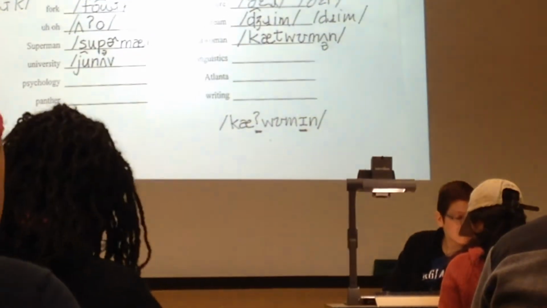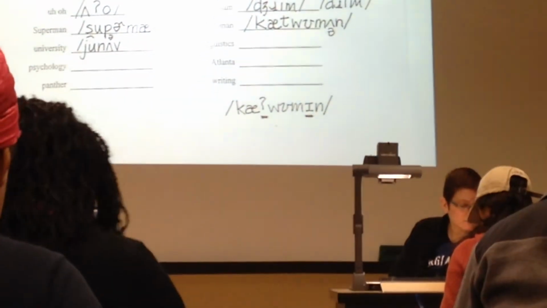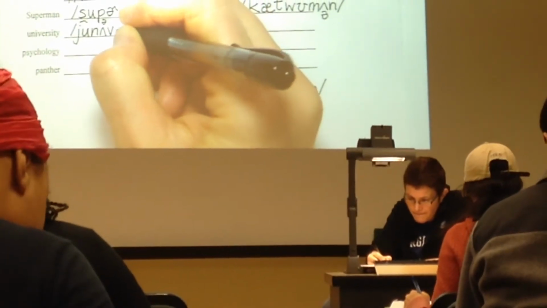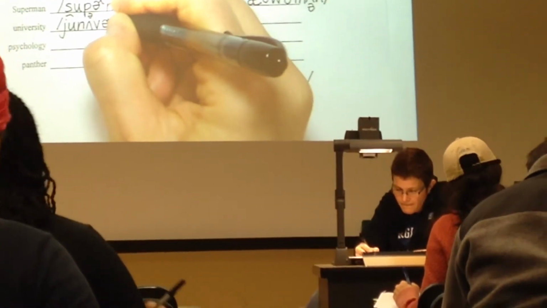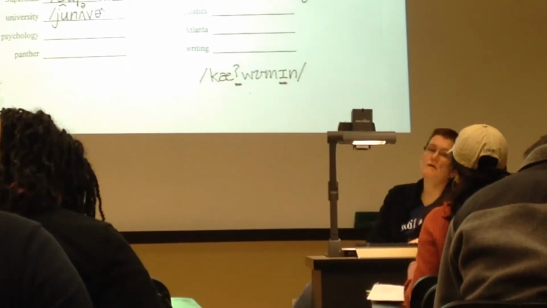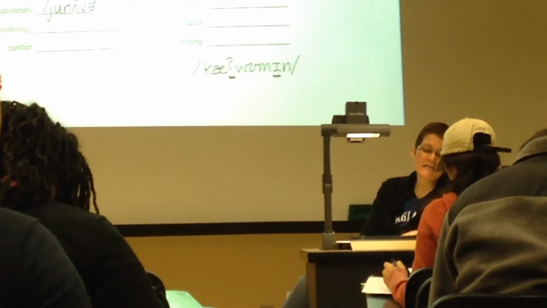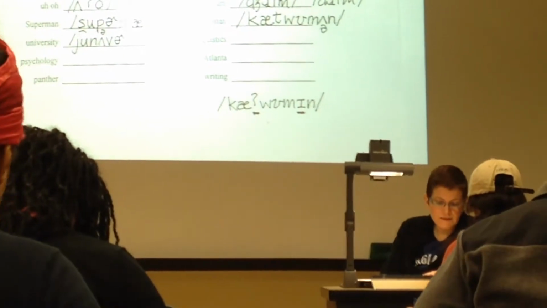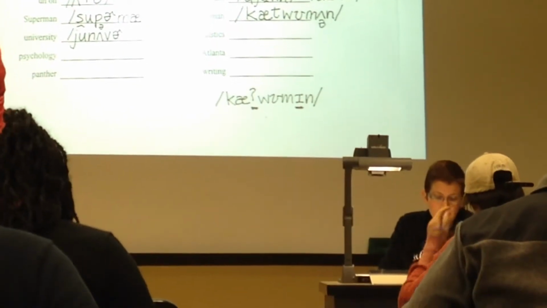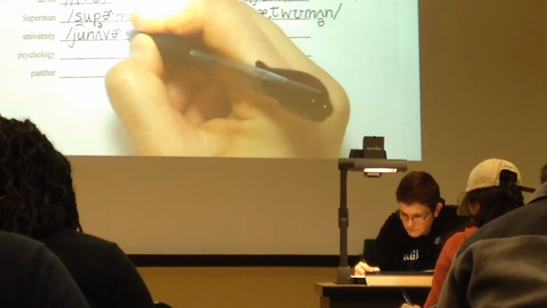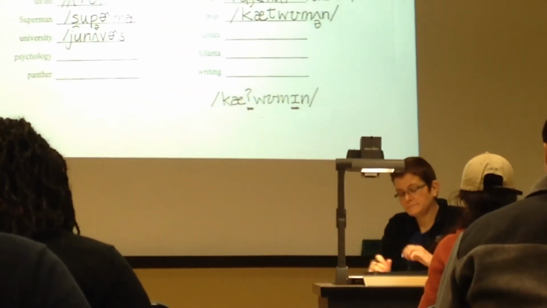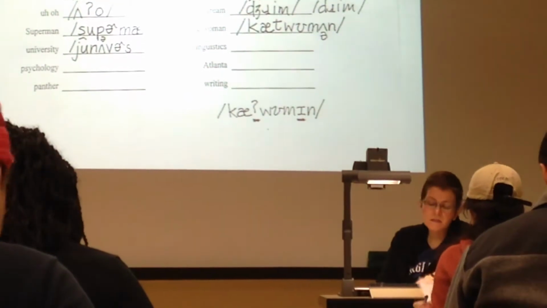Or the tail. The near-close, near-high, central vowel, right? Okay. Univer. What's next? Which is what? A voiceless alveolar fricative. Okay. Universe.